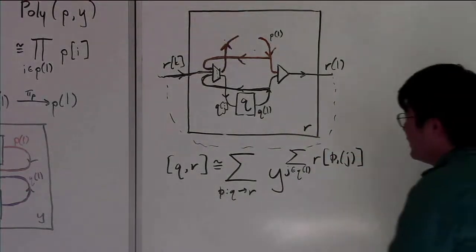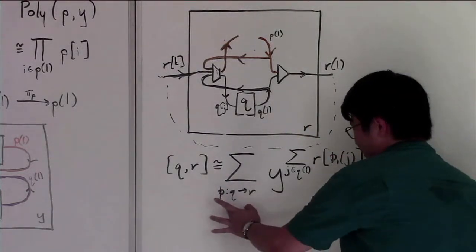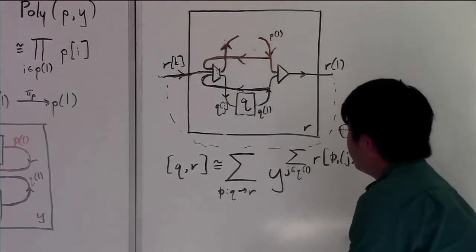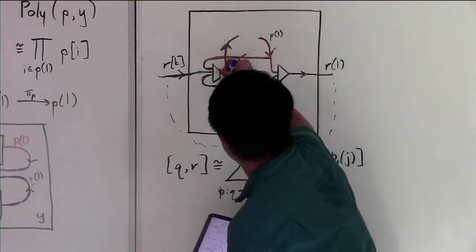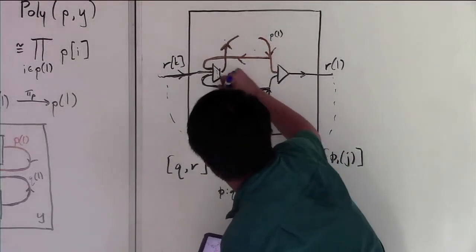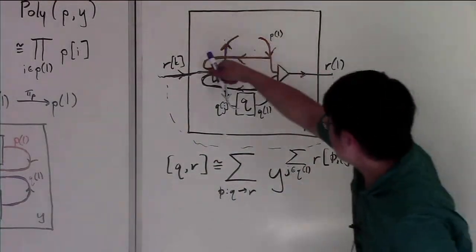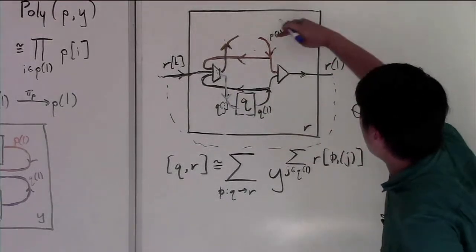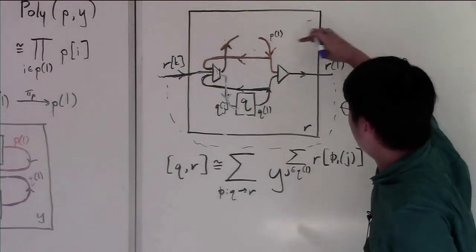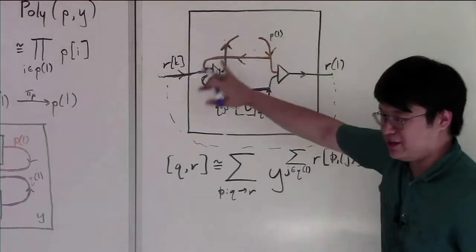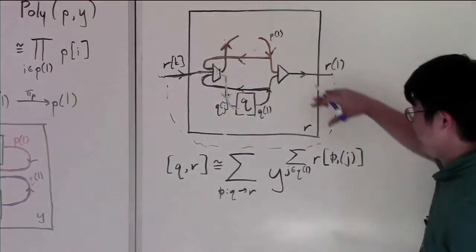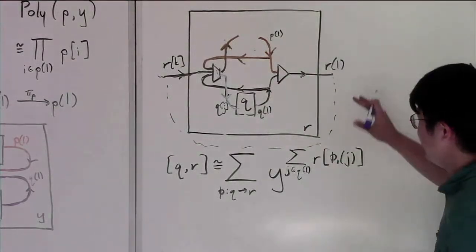If we only put that here, that doesn't account for this wire here. There's something coming out of this wire here that actually only depends on whatever is coming out of P here, and the rest of everything that doesn't have to do with P.